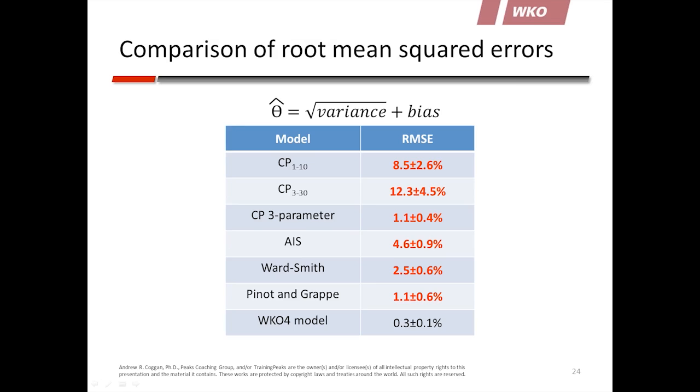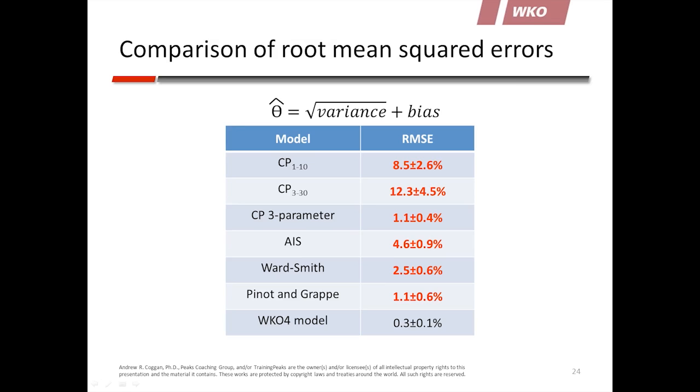And so the overall root mean squared error when you're trying to model the entire power duration relationship actually goes up. And then you can see how forcing the curve to bend over like the three parameter model does, or the Ward-Smith model does, knocks down the overall root mean squared error quite a bit just by being able to fit more of the curve better.